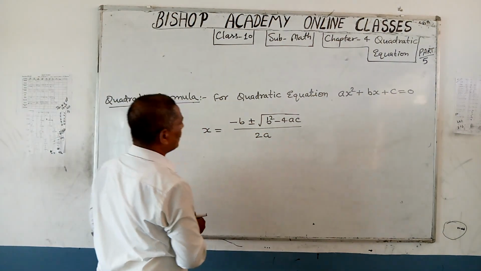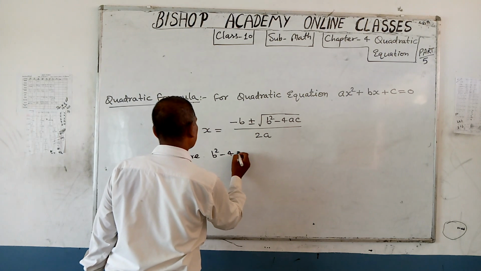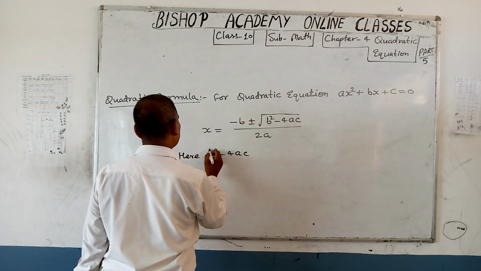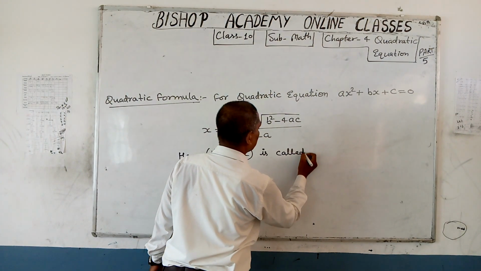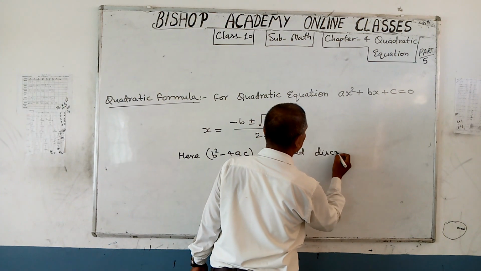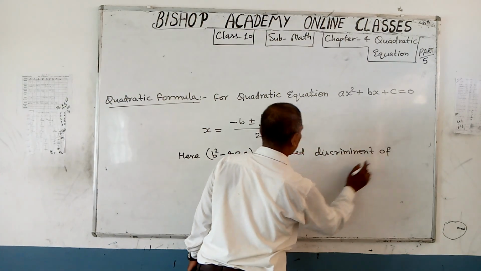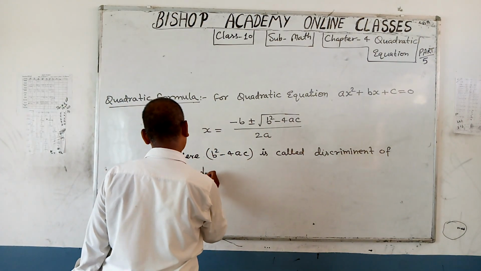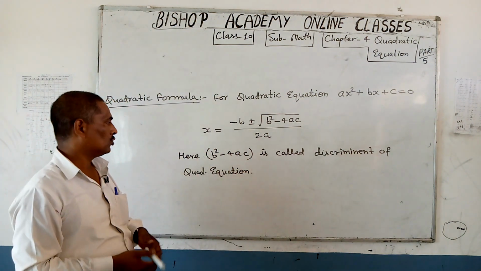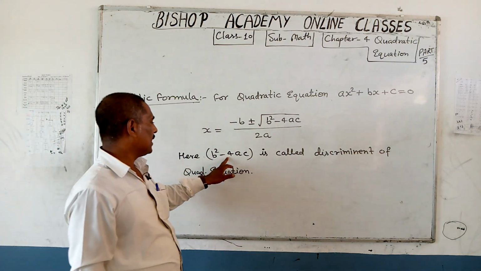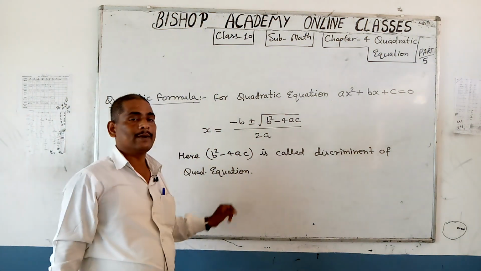A special point to understand here is that b square minus 4ac is called the discriminant of the quadratic equation.